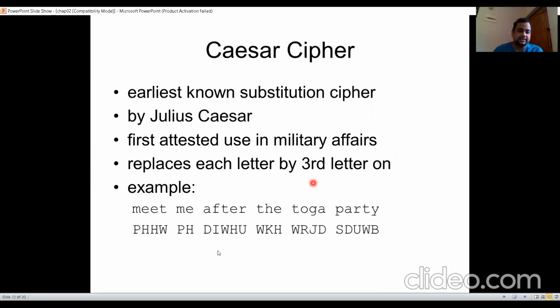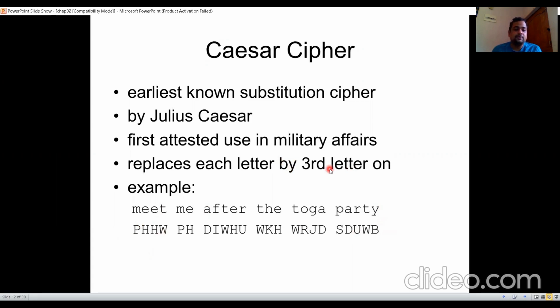Just like you can check, if the word is meet. Remember one thing: normally the plaintext is written in small letters and the ciphertext is written in capital letters. So they use the third letter onwards.